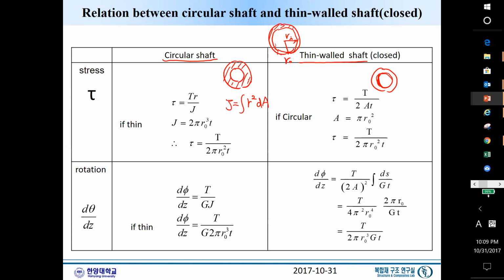If this is thin, this is simply the integration of R squared and dA. What is dA? Thickness t and twice pi R.